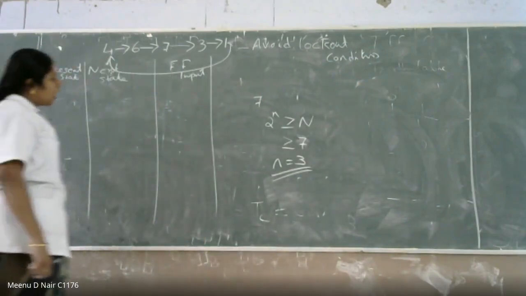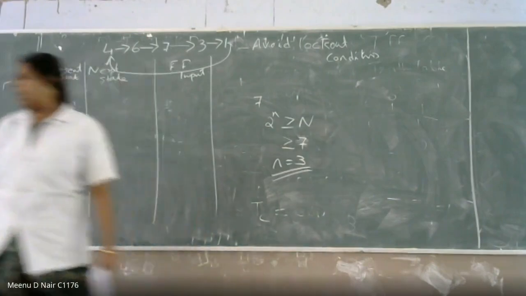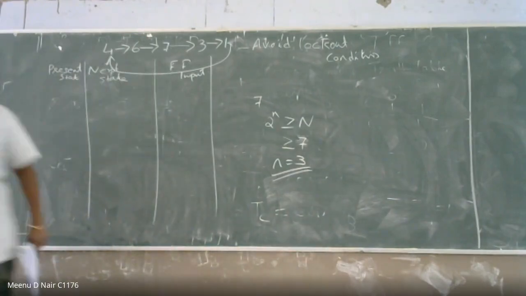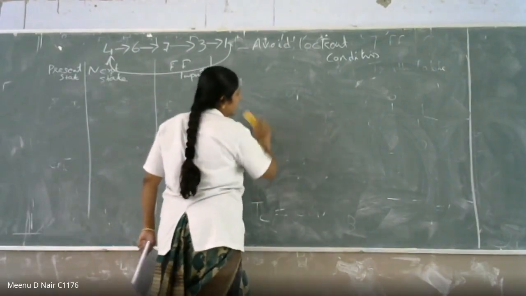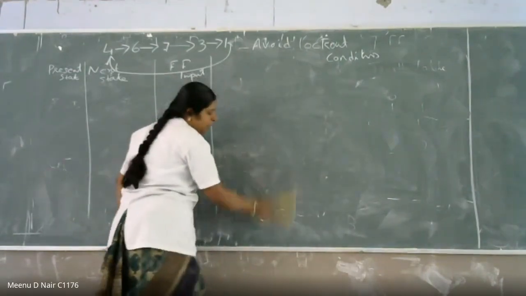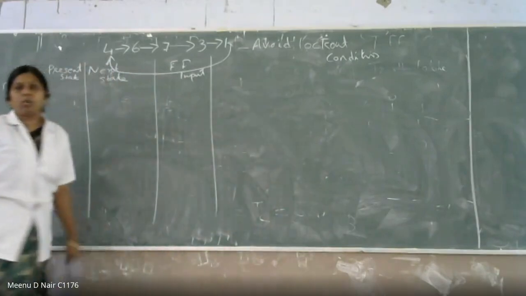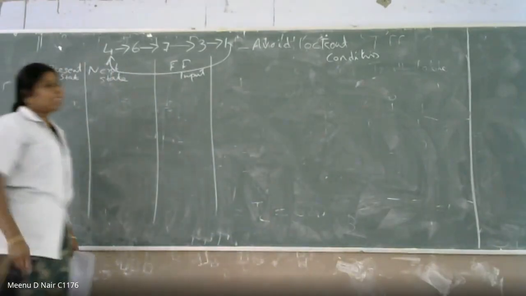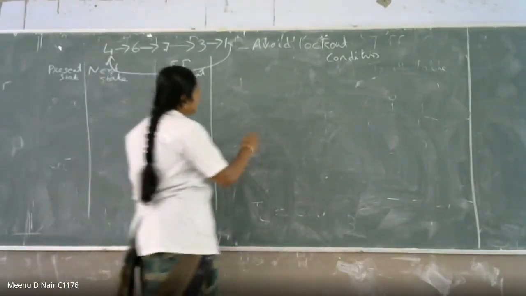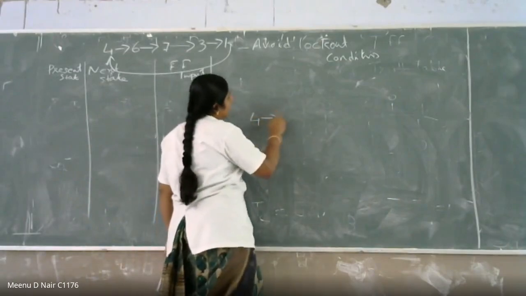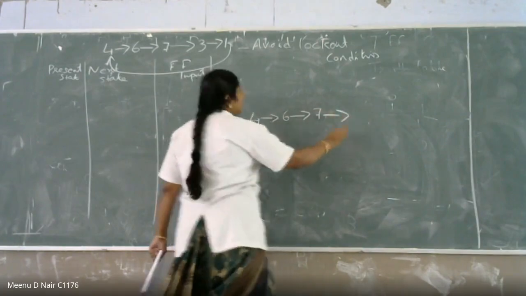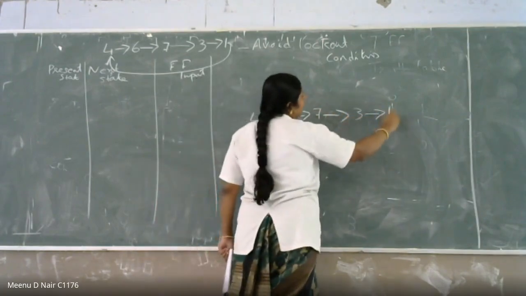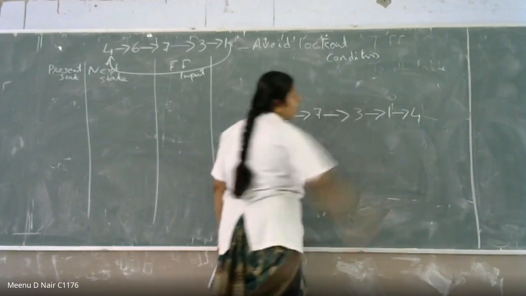Lockout condition is nothing but a state which is not in the sequence. What you have to do is find out the solution for that particular state. So what are the states here? 4, then 6, then 7, then 3, then 1, and again it comes back to 4.